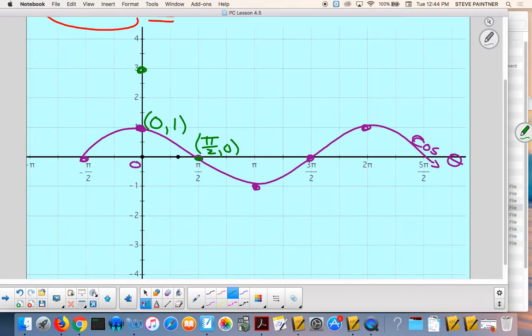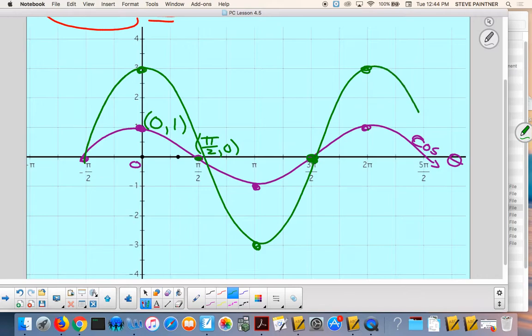And this one goes to negative 3. So the maximums and the minimums get stretched, but the zeros don't go anywhere. This gets stretched 3 up. And here comes the graph, just like that. And it's going to repeat itself.